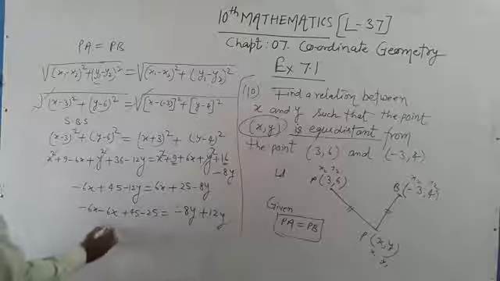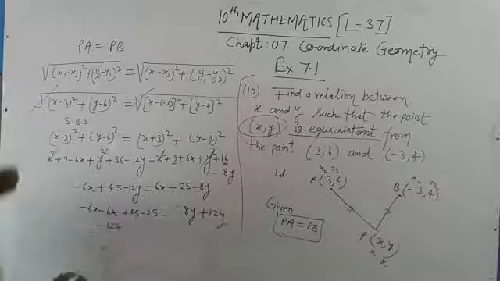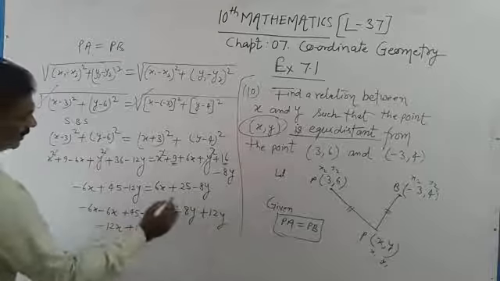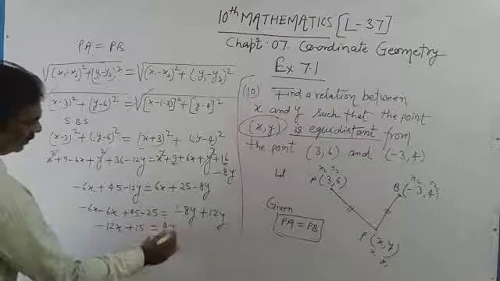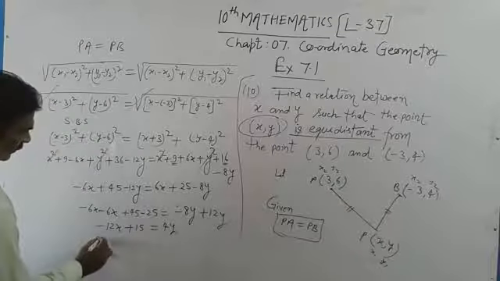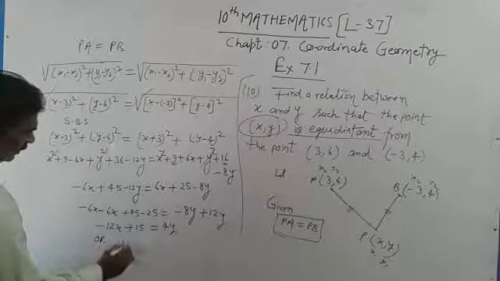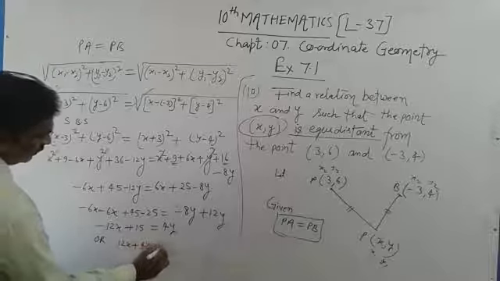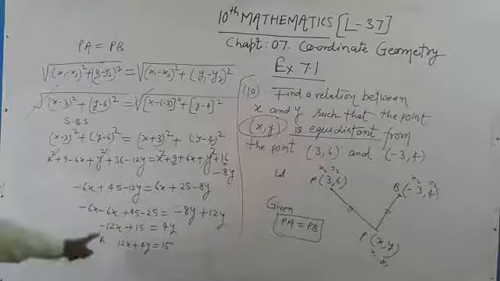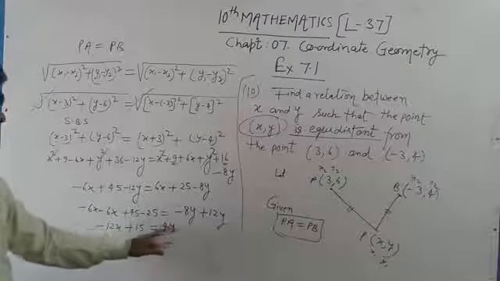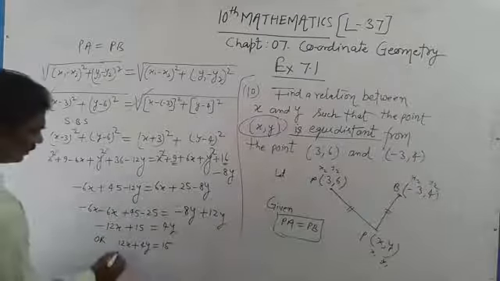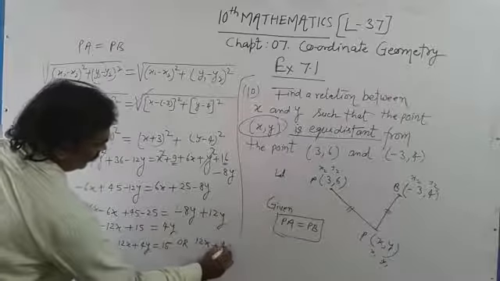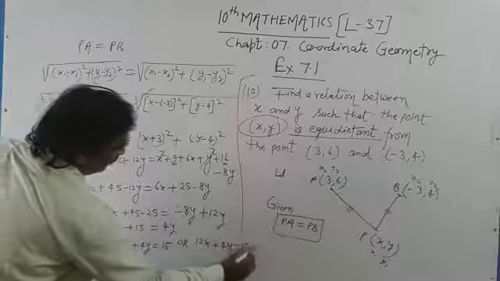Okay, so minus 12x, 45 minus 25, is equal to 12 minus 8, that is 4y. Or we can say 12x plus 4y is equal to 15. Students, transpose it: 12x plus 4y minus 15 is equal to 0.